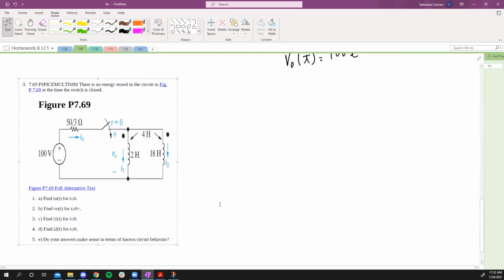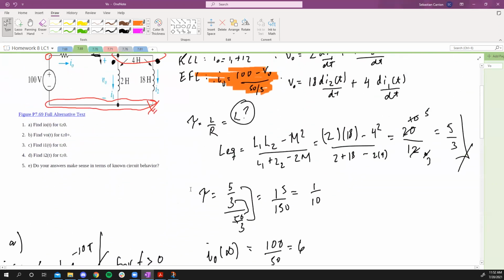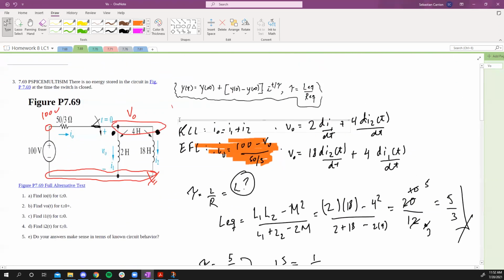Now we move on to I1. I'm going to copy and paste this.